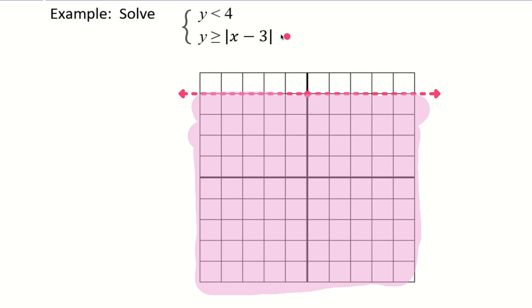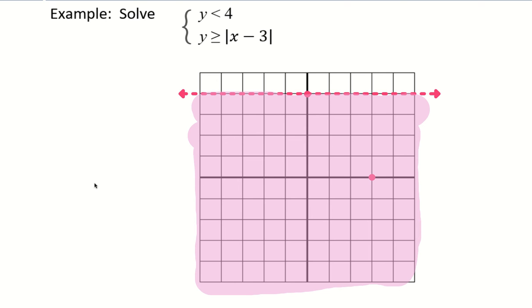Now with this guy, the only difference to the original parent function is that we have a -3 right there, which is going to shift the V to the right. So the parent function has a vertex at 0, 0. We're going to shift to the right 3 notches, and that's it.